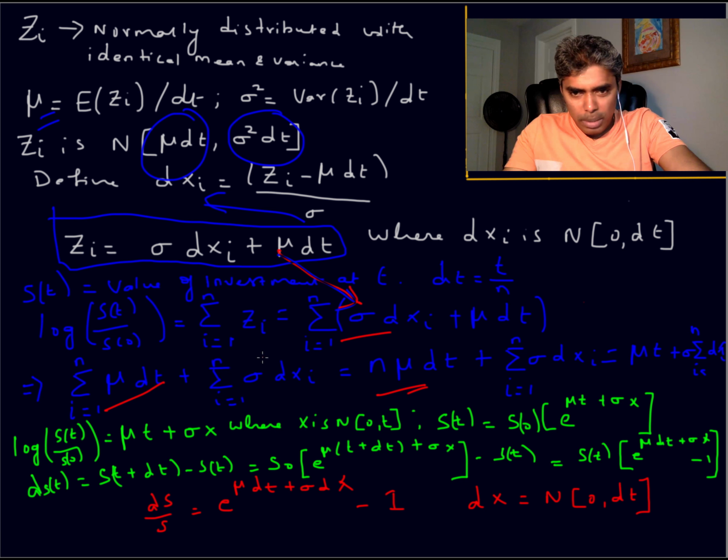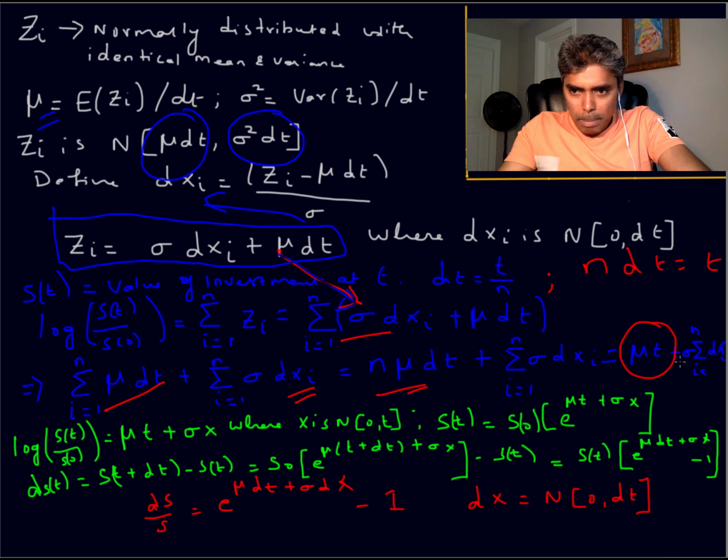Just remove the summation because you are just adding up that many times, which is equivalent to multiplying by n mu dt. Whereas here dxi is a variable, so I'm going to generalize that with xi. With that said, this becomes n mu dt, and again I'm defining dt equal to t divided by n. That means n dt is equal to t.